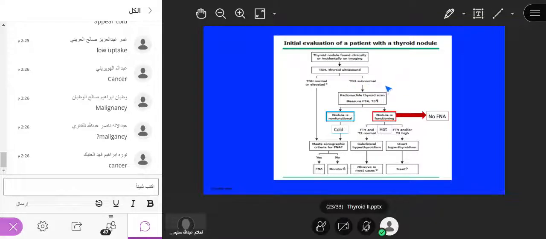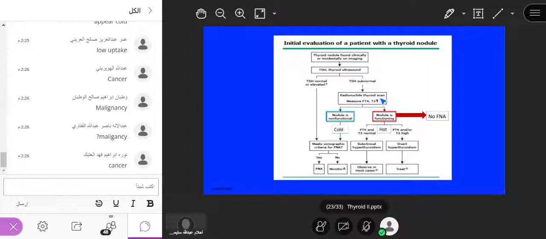Is this nodule a toxic nodule causing low TSH? Then we do the nuclear scan. If the nuclear scan is telling you that this nodule took up all the iodine and is toxic and appears hot, we don't do biopsy because toxic nodules are not malignant most of the time, and you cannot biopsy while it is toxic, you induce bleeding.